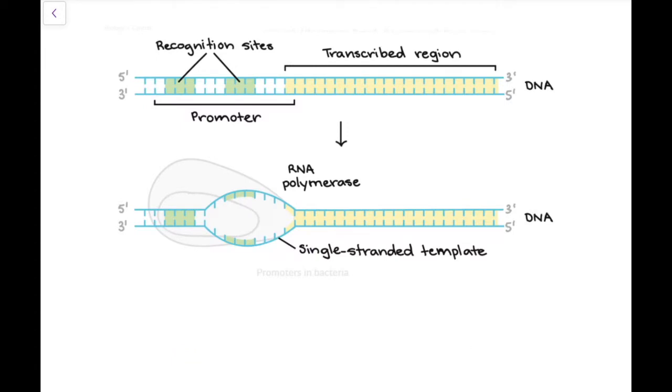This little bit will go a bit beyond IB, but for those of you who are interested in thinking, well, how does it know? How does the RNA polymerase know where to bind? Within a gene, there is the promoter region. There's the region that we say is transcribed, so this is the coding region. And in the promoter are two recognition sequences which allow the polymerase to come down and bind.